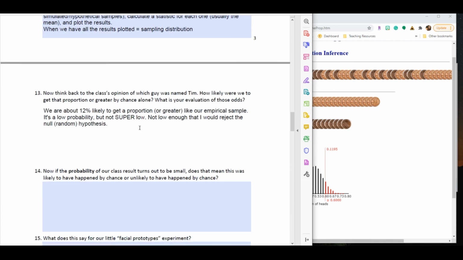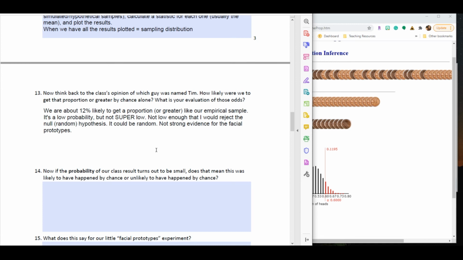So in this case, the evaluation of the odds, I would say it could be random. This is not strong evidence for the facial prototypes. I would need it to be much lower for me to be convinced that those facial prototypes are at work. This looks like, yeah, it could happen at random.